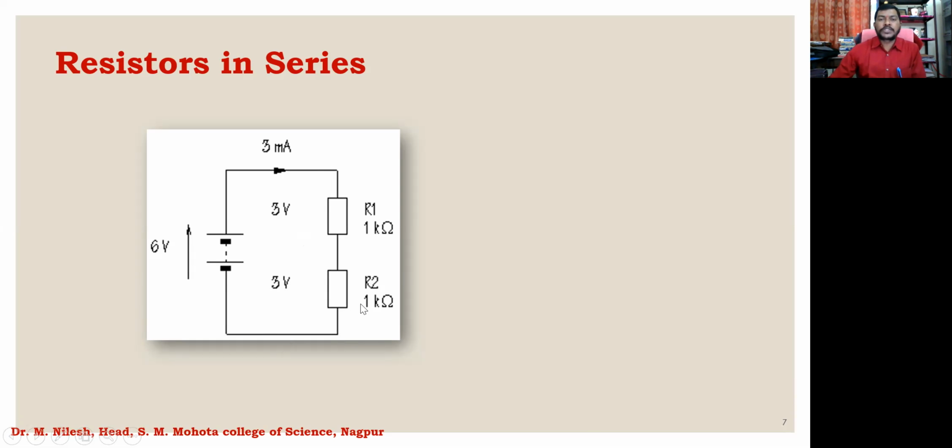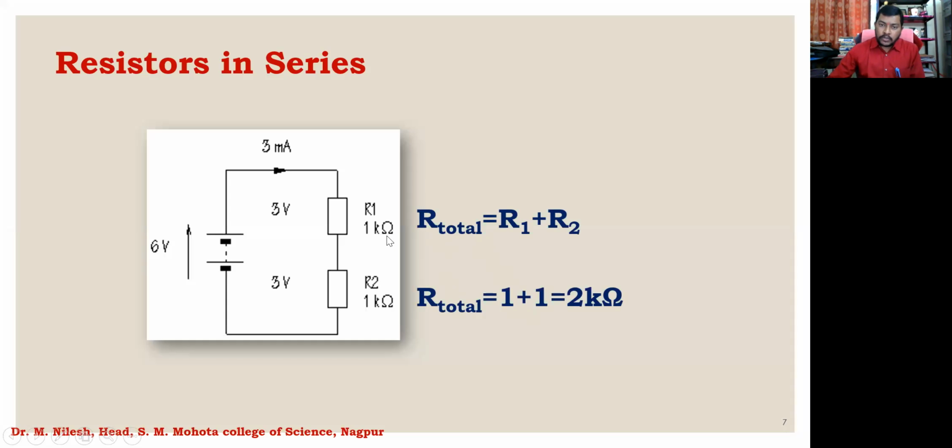So the series combination value of both resistances R1 and R2 will be equal to 2 kilo ohms, right? So the total resistance of any series combination will be the summation of all the resistances connected in series. There might be many resistances connected in series, so we can calculate R1 plus R2 plus R3 plus R4, and so on, right?